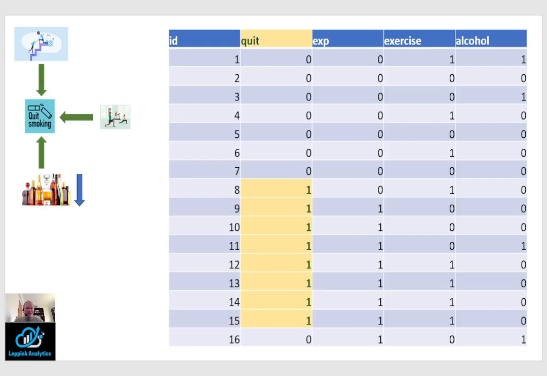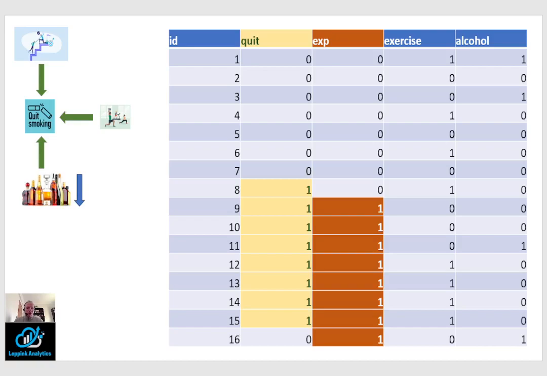Hence, the 8 cases marked yellow are people who quit smoking. And given that the cases marked brown are the ones who had the health intervention, in this study professional coaching, we can see that 7 out of the 8 people who quit smoking had the intervention, and only 1 participant who had the health intervention did not quit smoking.